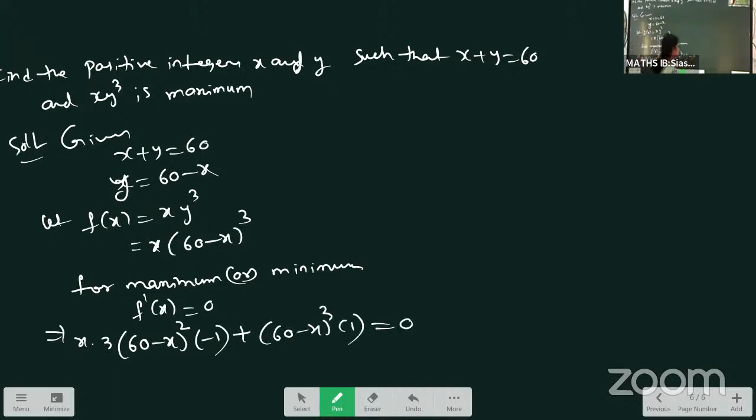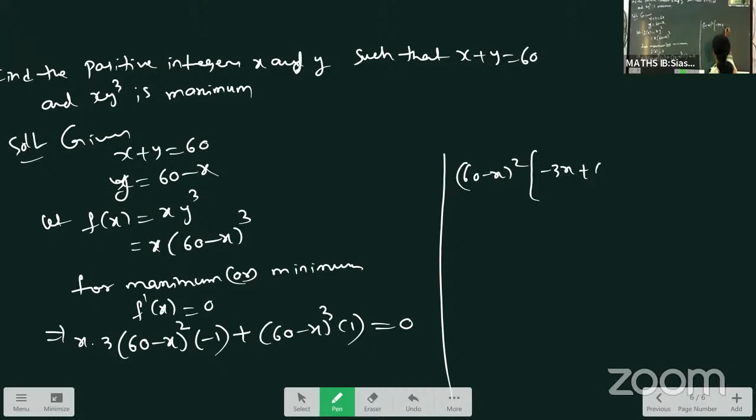What is common in both of them? (60 minus x) whole square is common. What do we get? Minus 3x here, plus 60 minus x, is equal to 0. So (60 minus x) whole square into (60 minus 4x) is equal to 0.